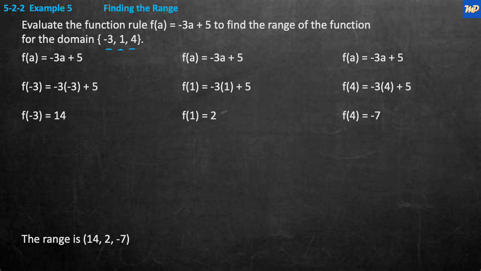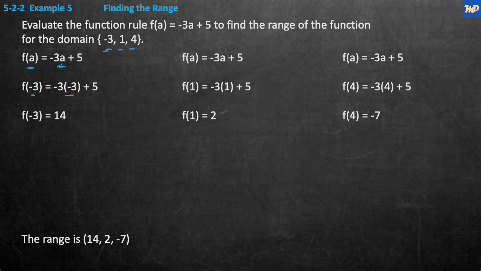So the first one we're going to do is the negative 3 value. You put that in, and f of a is equal to negative 3a plus 5. You're going to substitute the a. F of negative 3 is equal to negative 3 times negative 3.